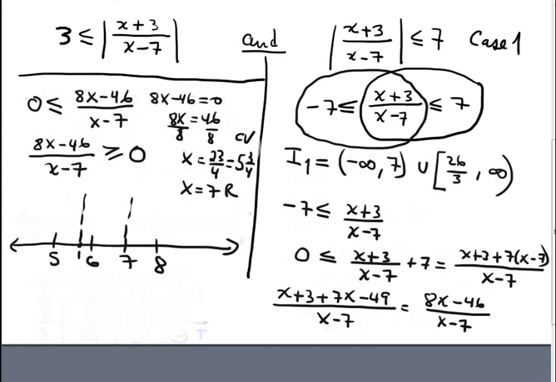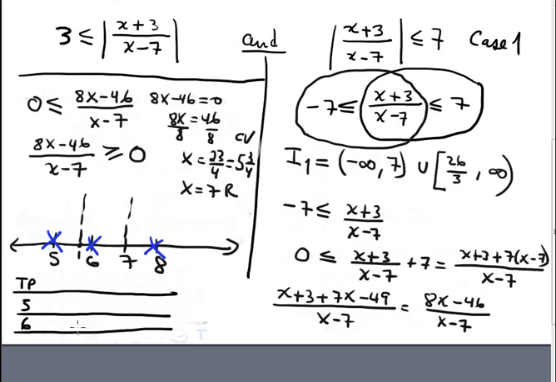The testing points I select are maybe 5, maybe 6, maybe 8. And the chart looks like that. Testing points 5, 6, and 8.